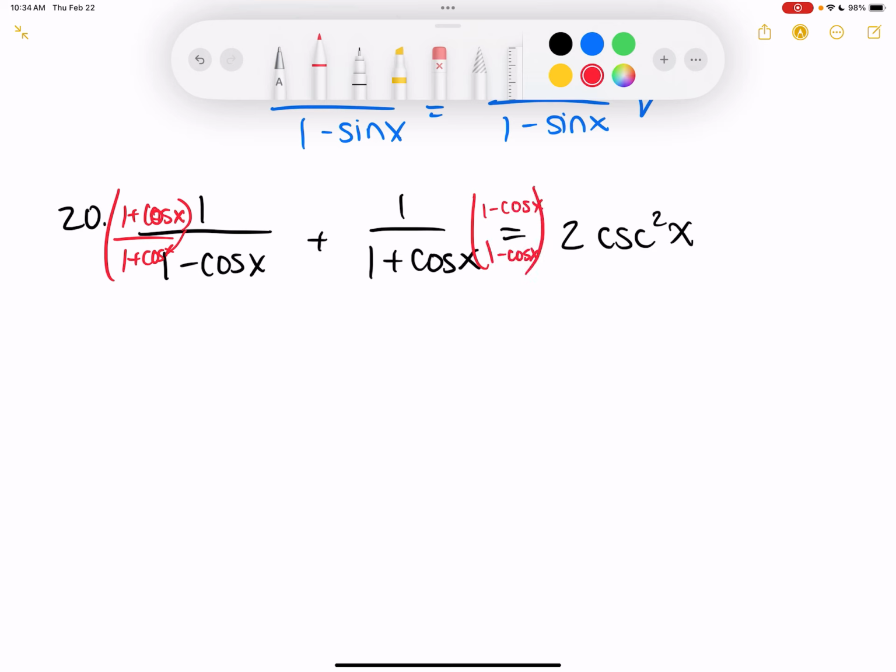Alright, so let's go ahead and multiply this up on the bottom because it is a difference of squares. So what is the bottom going to give us? 1 minus cosine squared of x. Okay, 1 minus cosine squared of x.